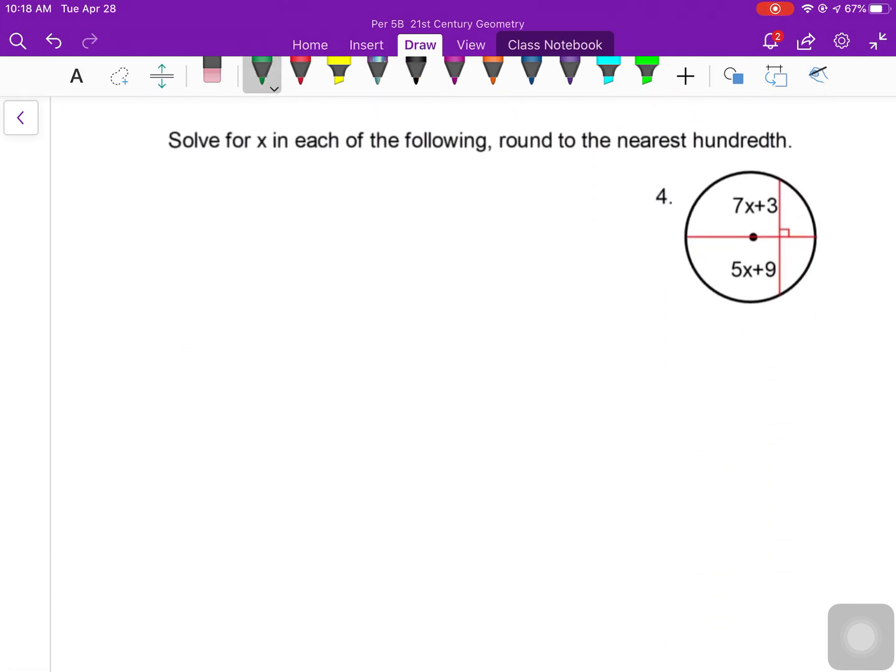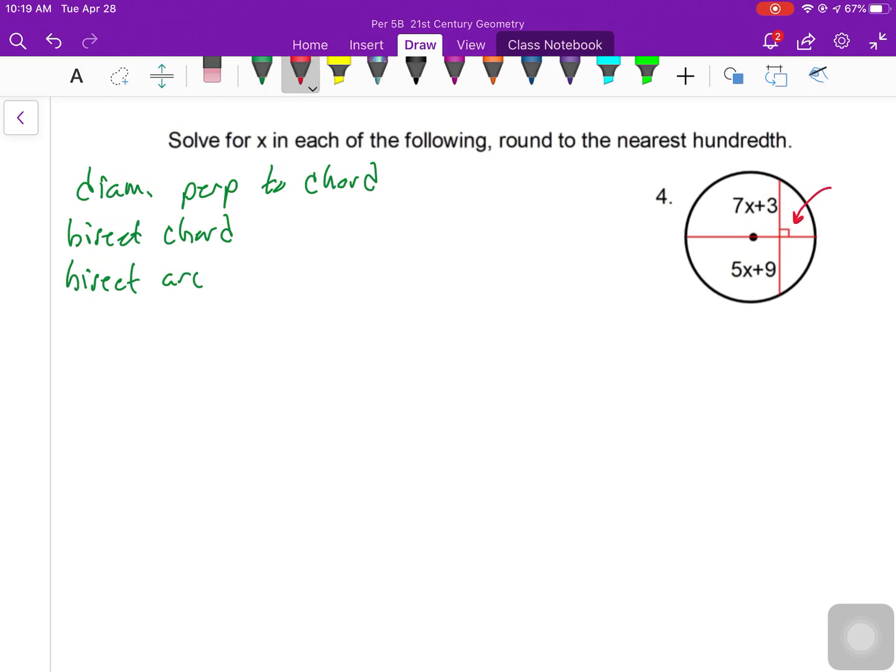Another segment that we talked about, in fact, one that we talked about in this last day, day 4, was a diameter perpendicular to a chord. It will bisect the chord, and it will bisect the arc. So in this problem, we can see that we do have a diameter perpendicular to a chord.